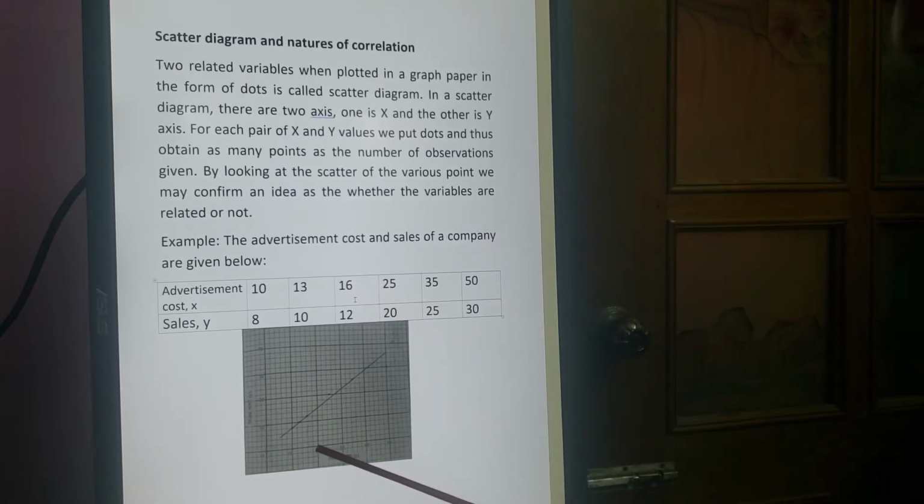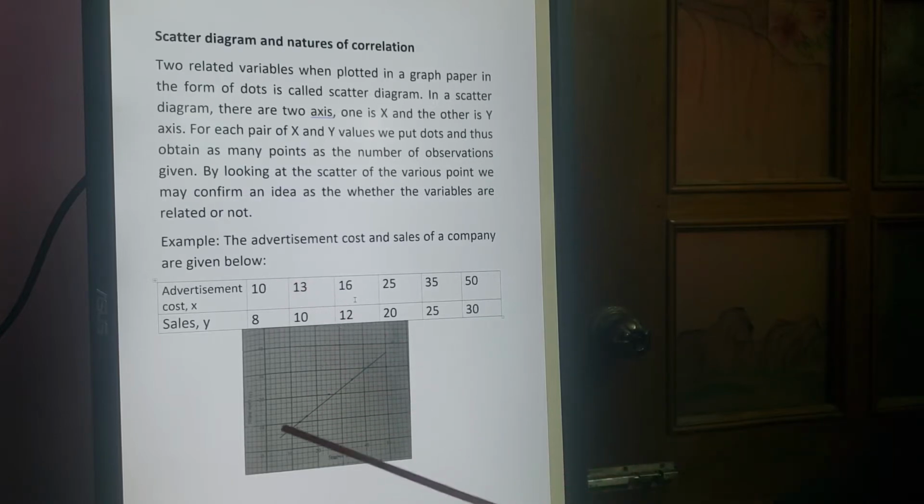The last one, X is 50 and Y is 30. In this way we will get the dots.